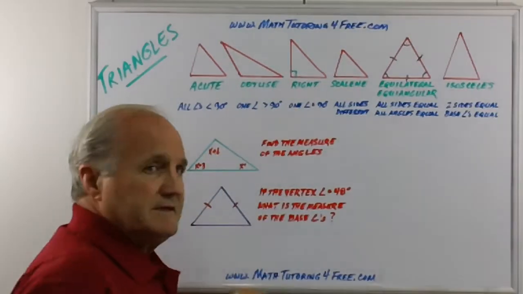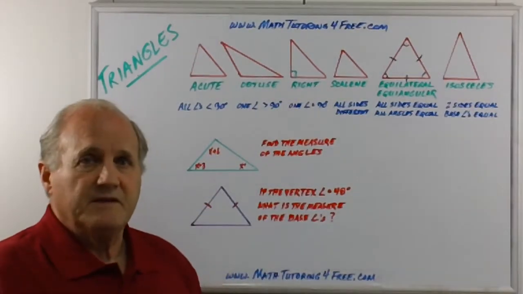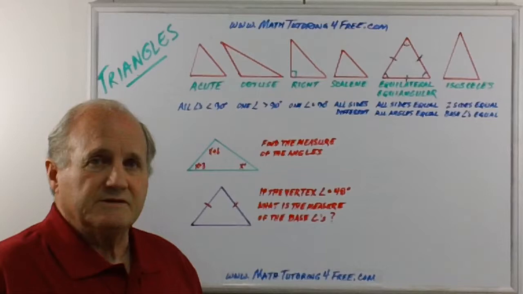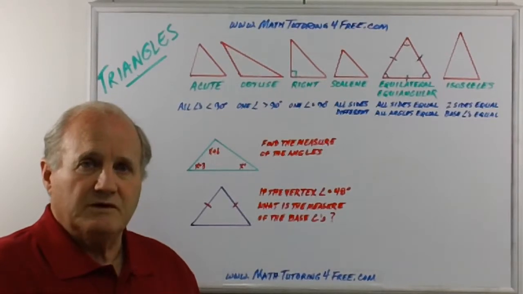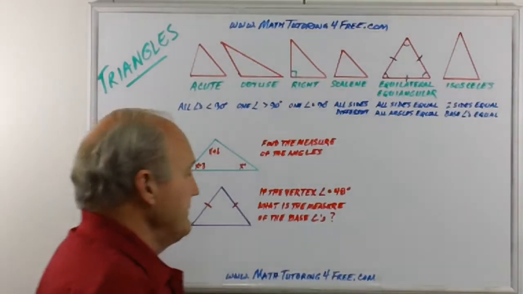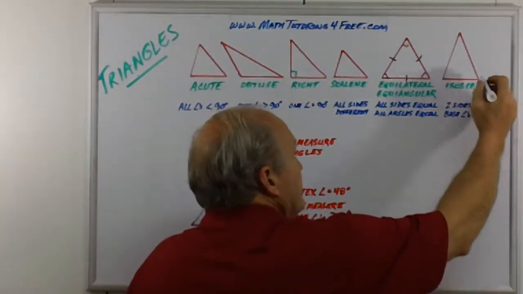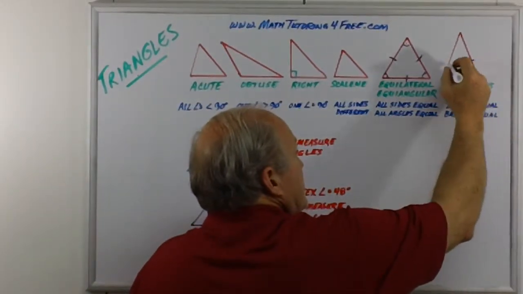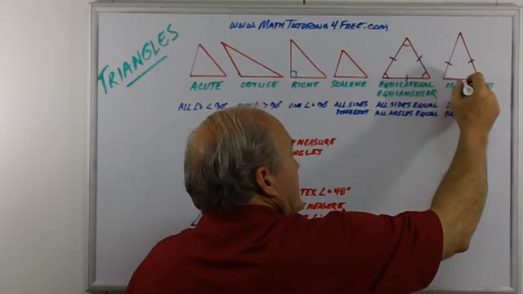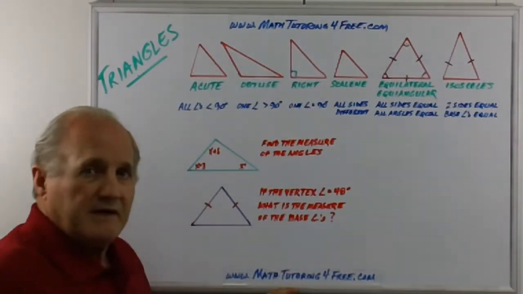And lastly is the isosceles triangle. An isosceles triangle is unique in that two of the three sides are equal, and we usually show it with the equal sides upward and the base at the bottom.